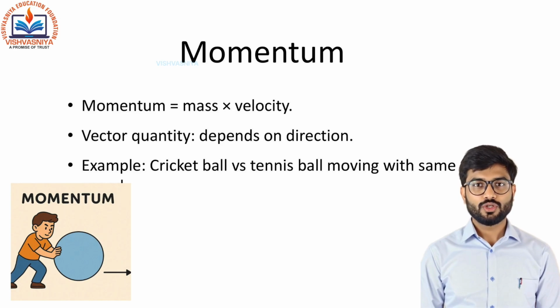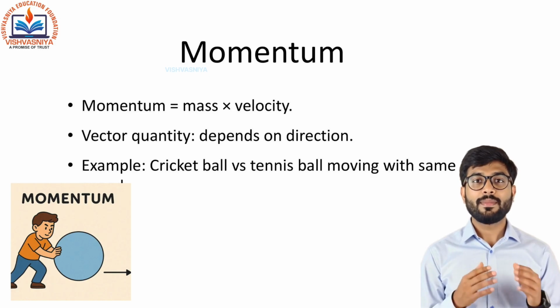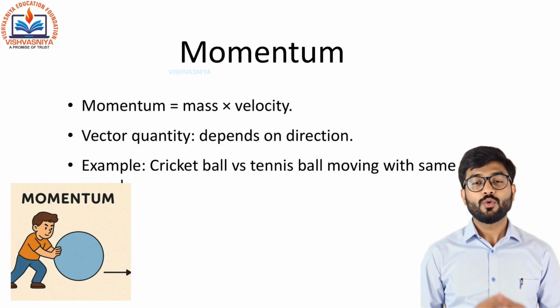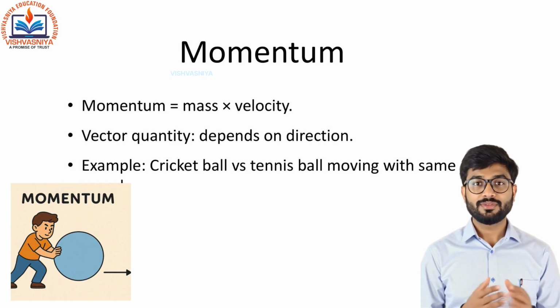Example 1. A cricket ball of mass 0.15 kg moving at 20 meters per second has momentum equal to 0.15 times 20, that is 3 kg meter per second. Example 2. Numerical: suppose a car of 1000 kg moves at 20 meters per second.